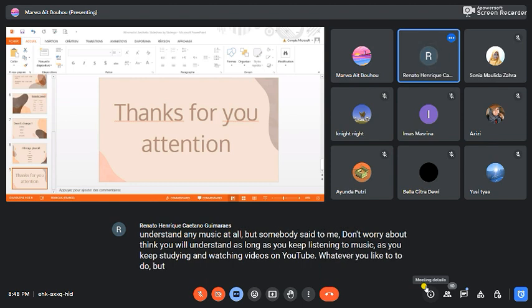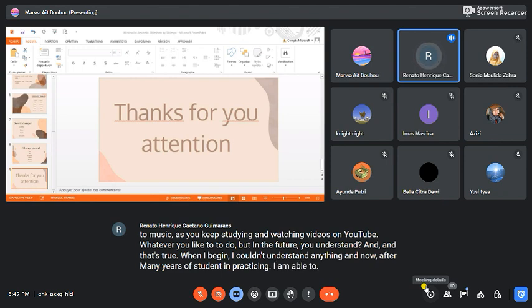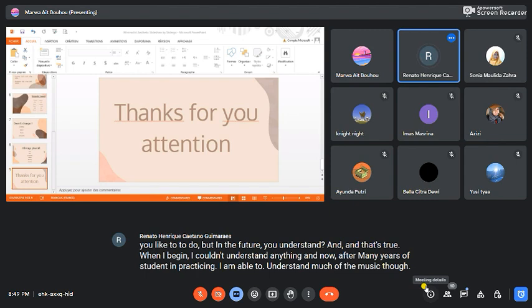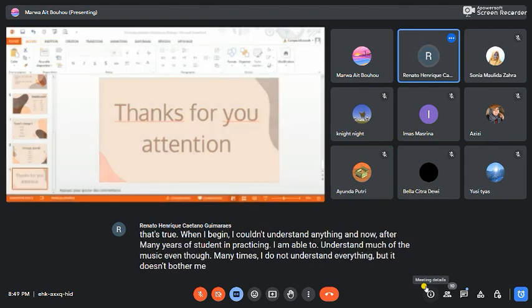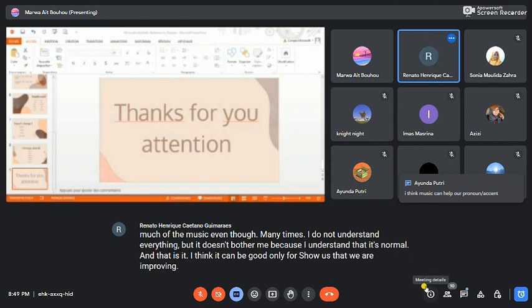In the future you will understand." And that's true. When I began, I couldn't understand anything, and now after many years of studying and practicing, I am able to understand much of the music. Even though many times I do not understand everything, it doesn't bother me because I understand that it's normal. I think it can be good just to show us that we are improving in the language that we are studying.